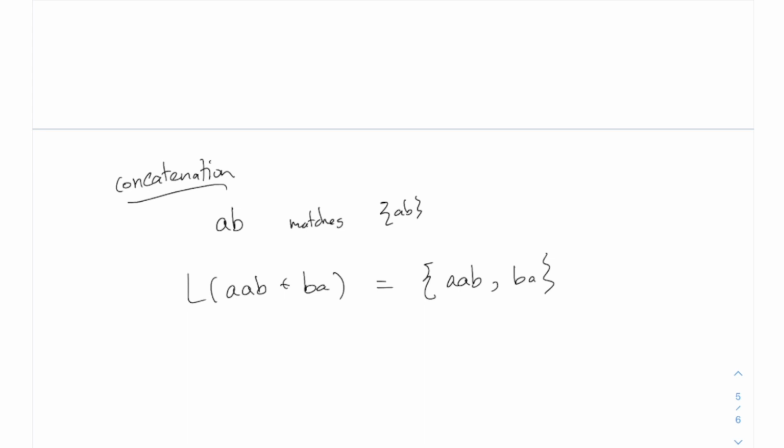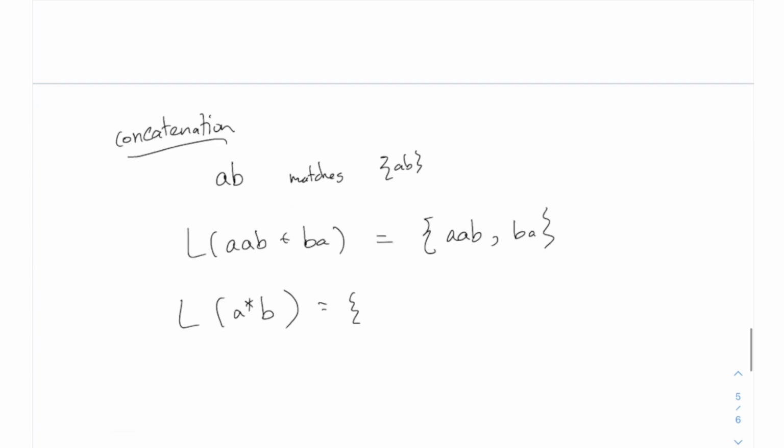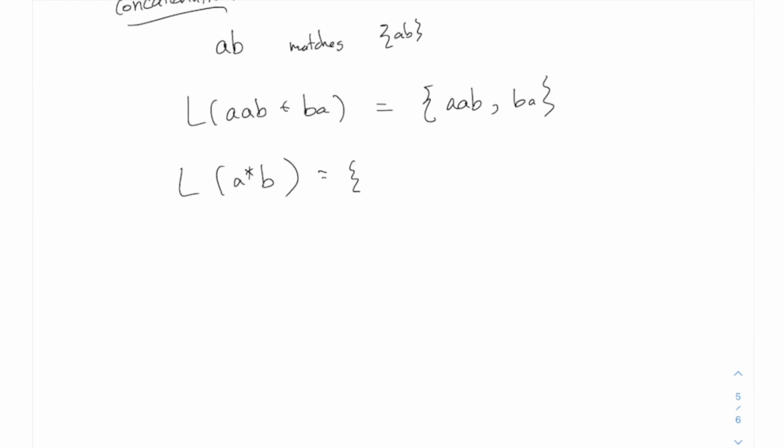But you can do things like, what is the language of A star B? This means you can do as many A's as you want, followed by a B. How would I write that in more ordinary set theory? A to the N, B, yeah, where N is any natural number.